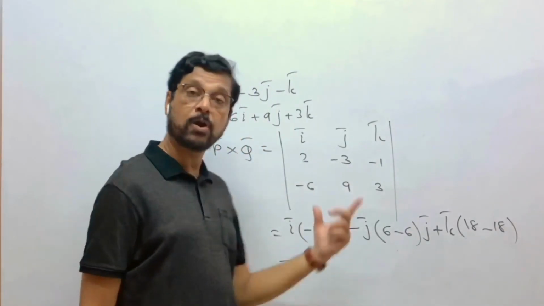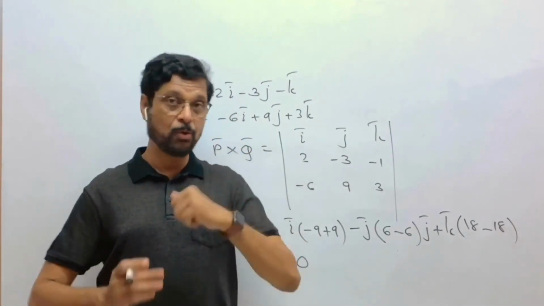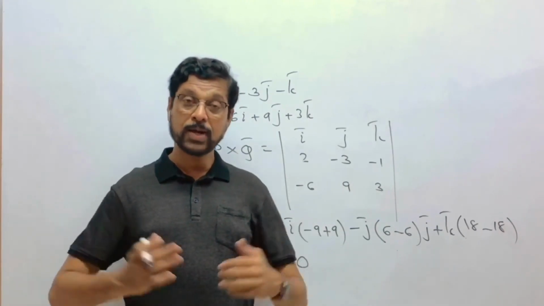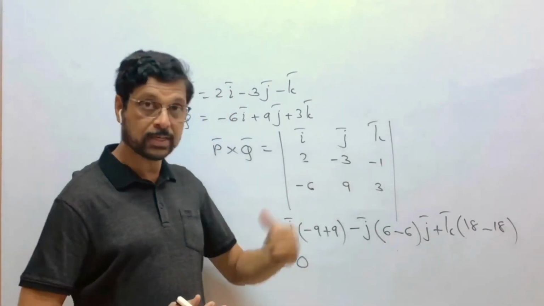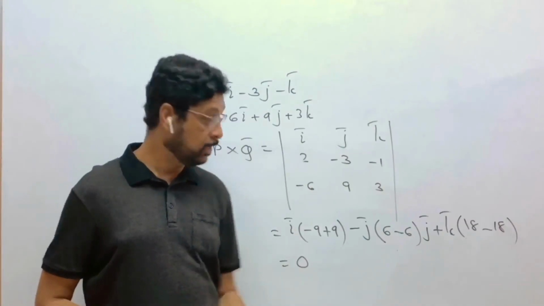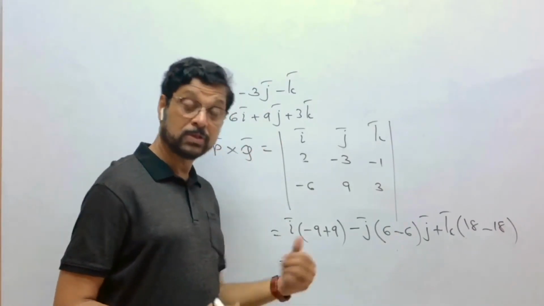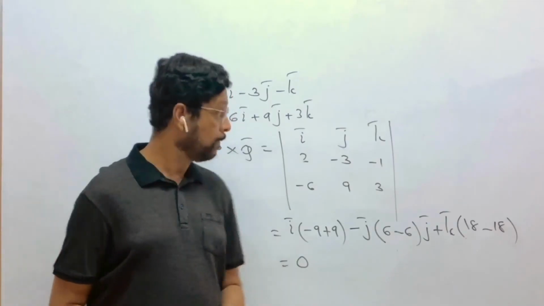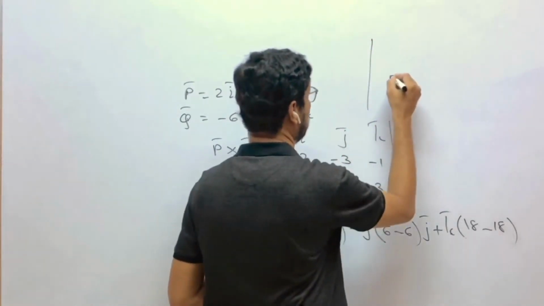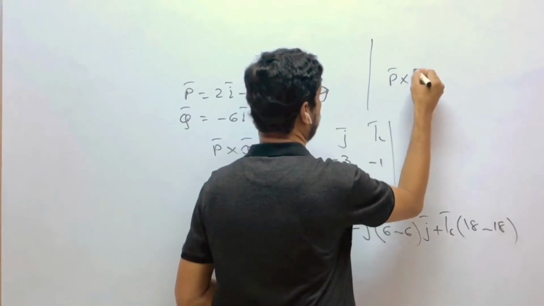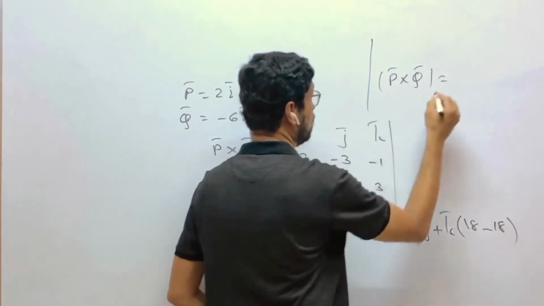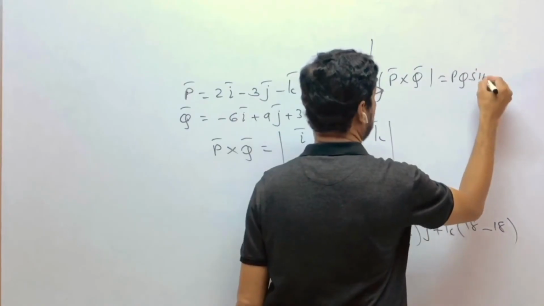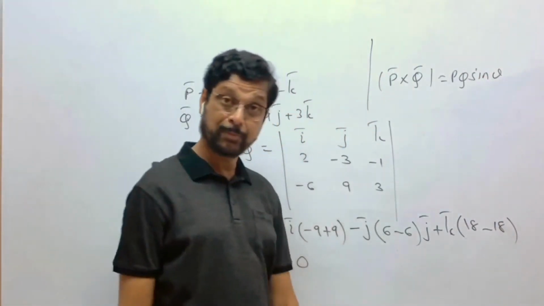Means the dot product is equal to 0. And dot product is, cross product is 0. I'm very sorry. Cross product is equal to 0. When is the cross product 0? We know that mod of P cross Q is equal to PQ sin theta.